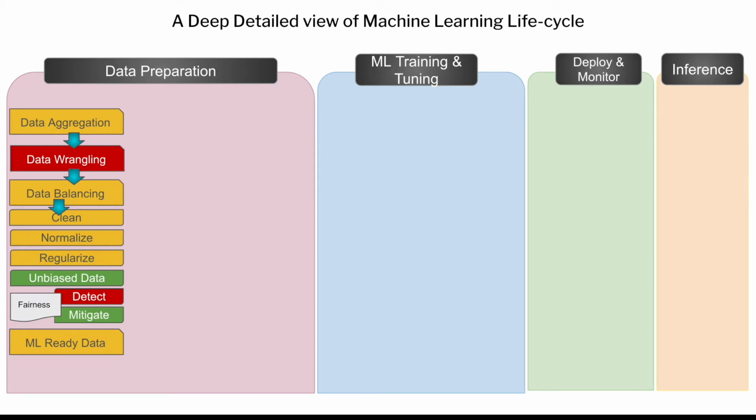One important thing in data preparation is removing the biases from data. The very first thing you need to know is whether your data is biased or not, and in order to get that information, you need some kind of detection methods.